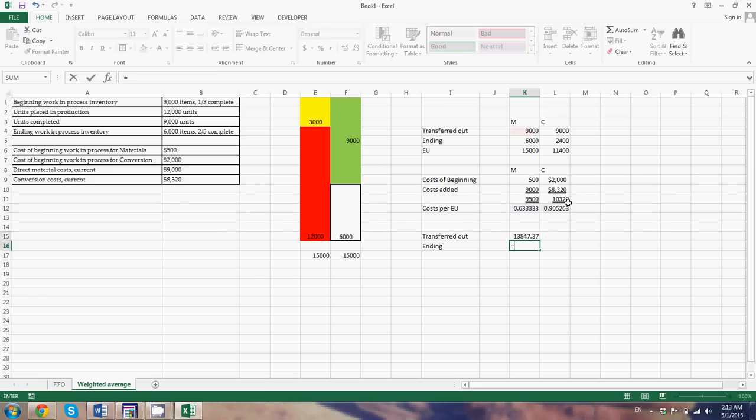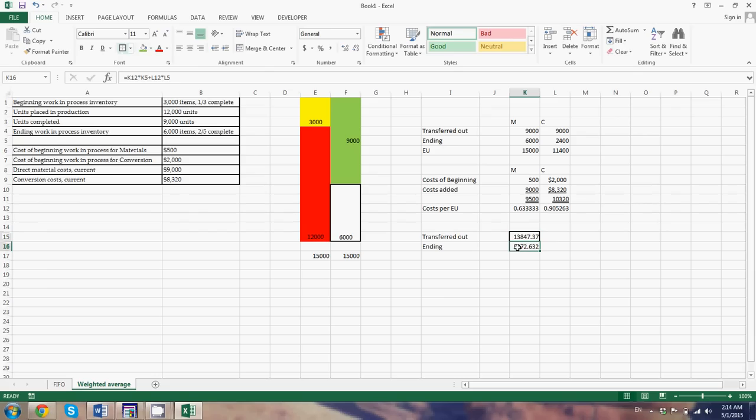And for endings, we use the cost per equivalent unit times the equivalent units for endings, and then this time we do it for conversion cost as well. That will be the cost for transfer out, and that will be the cost for endings. That's the one we are looking for.